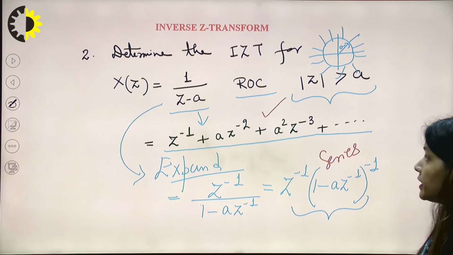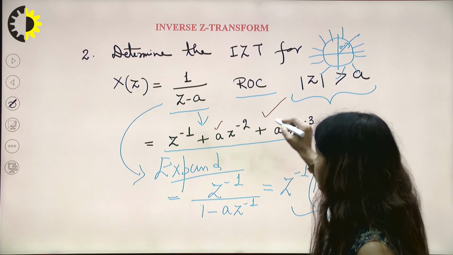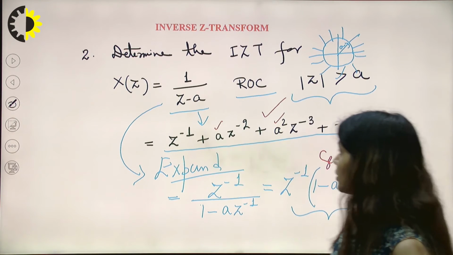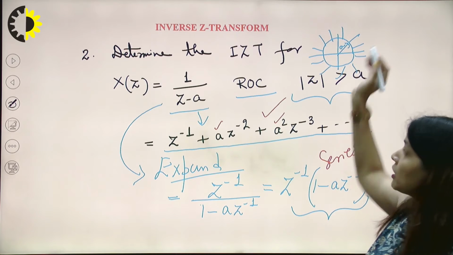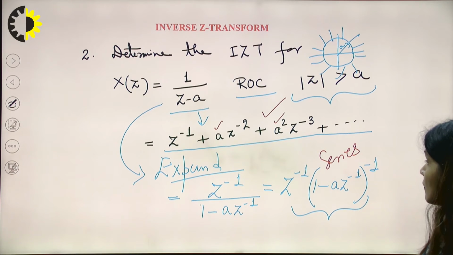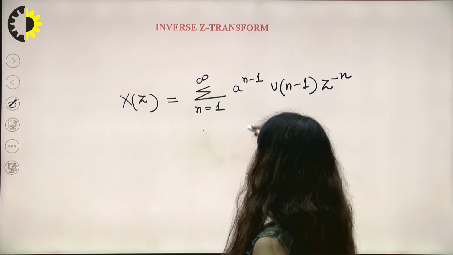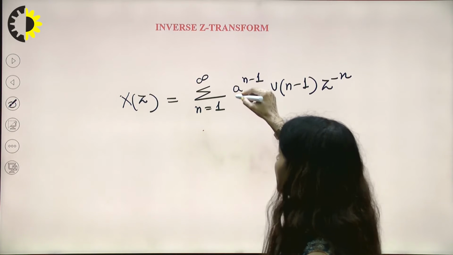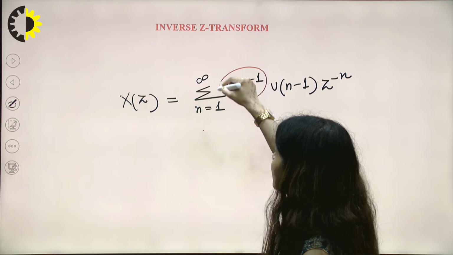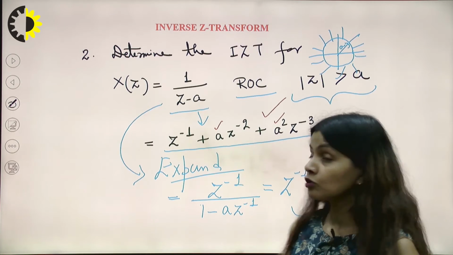Now, after getting this result, we can see the powers of a are positive, and the ROC is outside the circle of radius a. So we need to write a raised to the power n minus 1. What is the use of the ROC here?